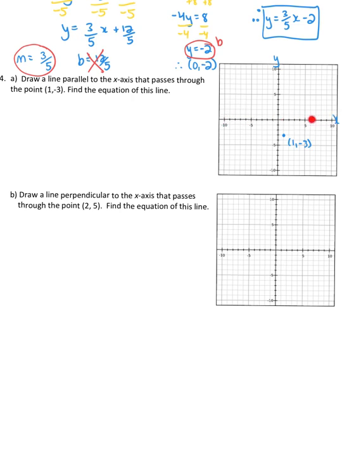So to draw a line that's parallel to the x-axis and passes through this point, we are also drawing a horizontal line just below the axis. So here we have a horizontal line, and horizontal lines will always cross the y-axis. This horizontal line crosses the y-axis at negative 3.